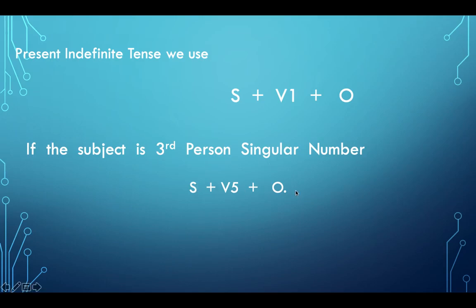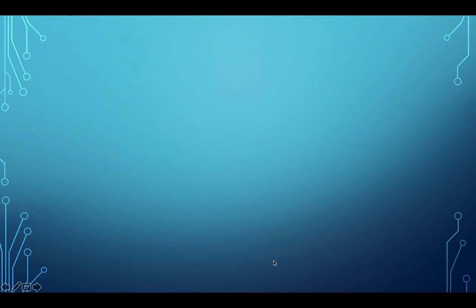Now let's see what is the fifth form of verb. Fifth form of verb is subject plus verb, which is at the end of that verb we add s or es, plus the object. Let's take up an example. Suppose I say I read books. Present indefinite.